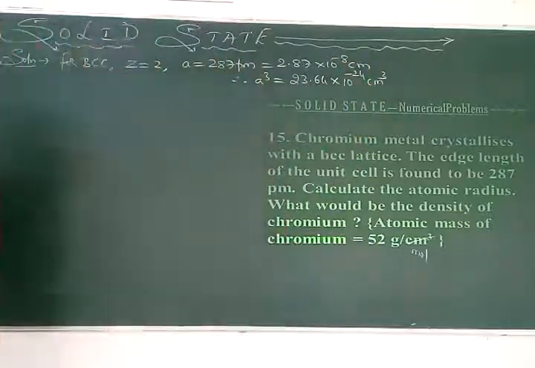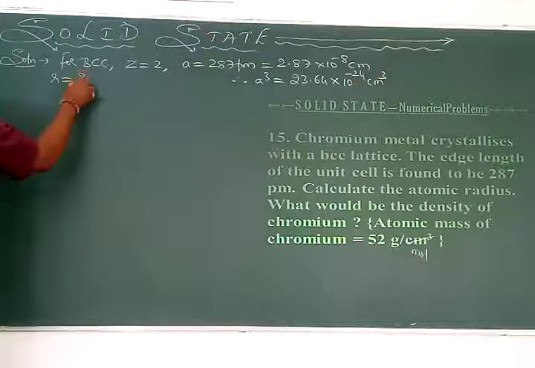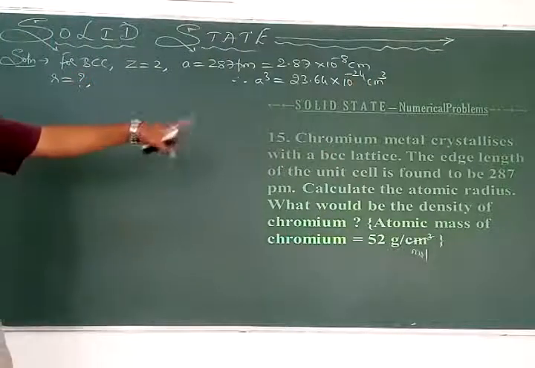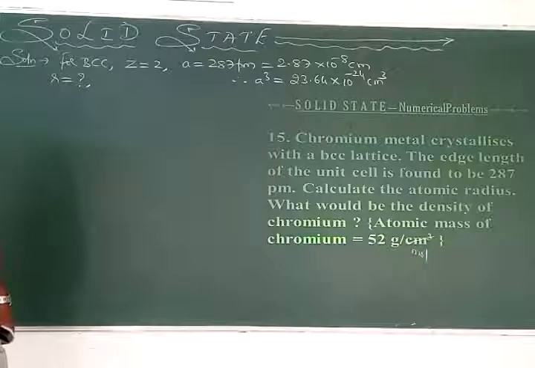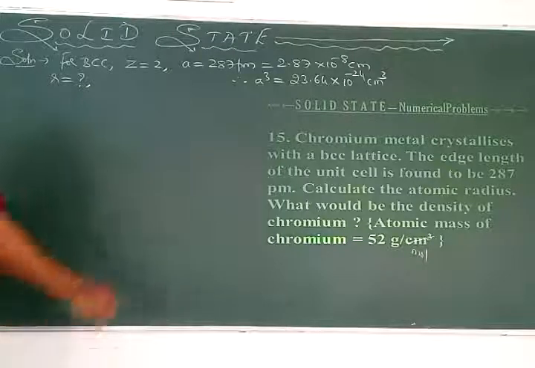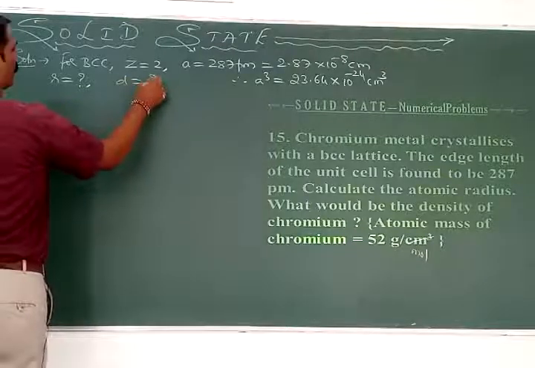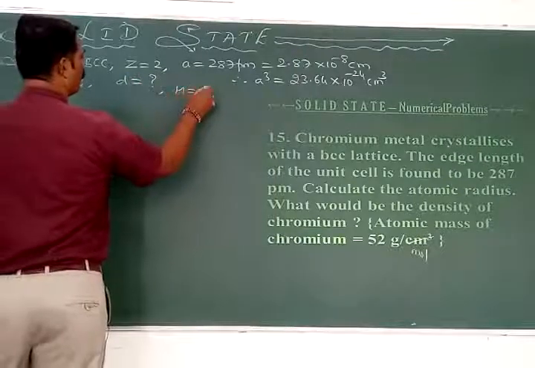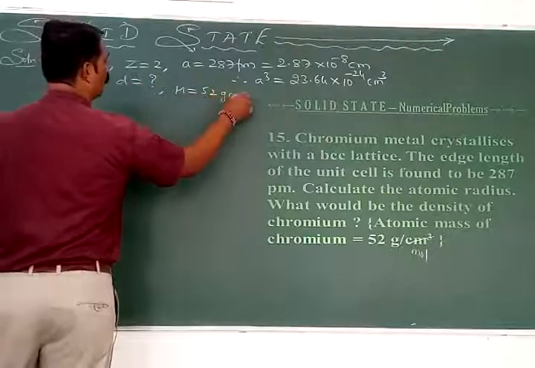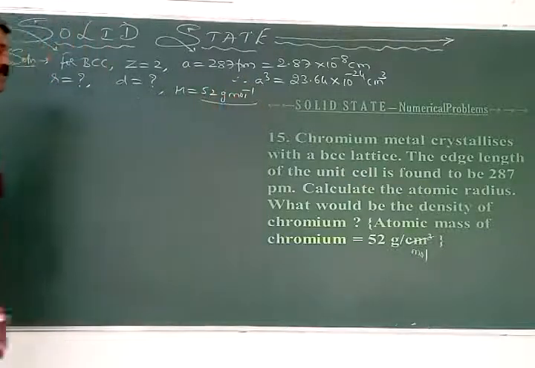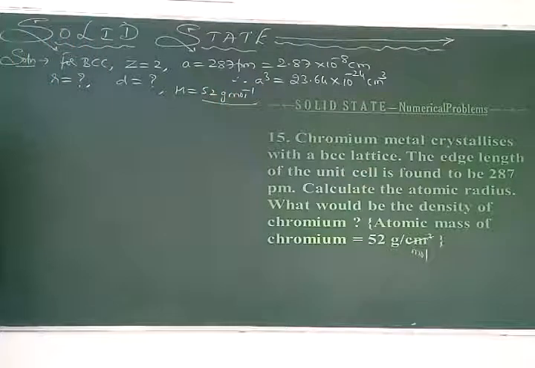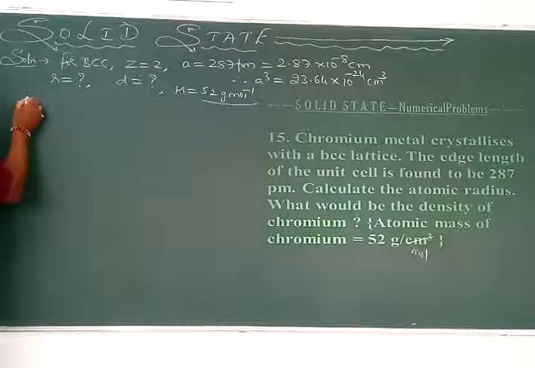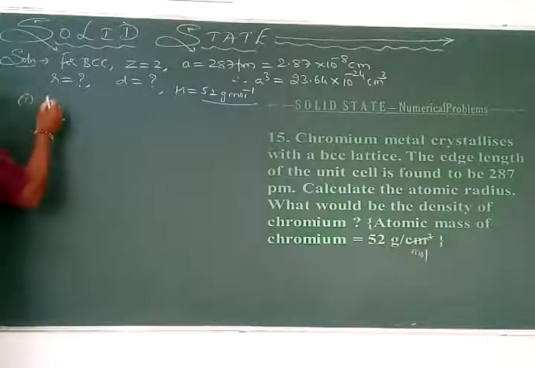Okay. Calculate the atomic radius R, we have to find out. Then what would be the density also? Density also we have to find out. Given molar mass M is equal to how much? 52 gram per mole. Chromium atomic mass is 52 gram per mole. First let us have the radius.